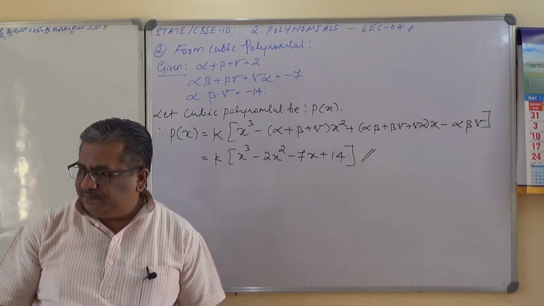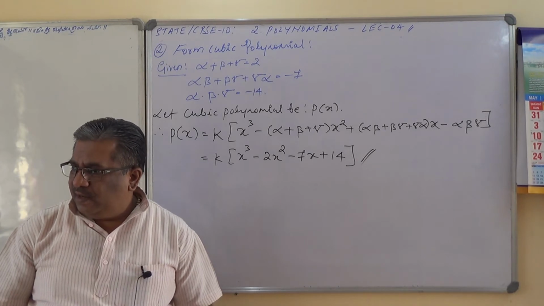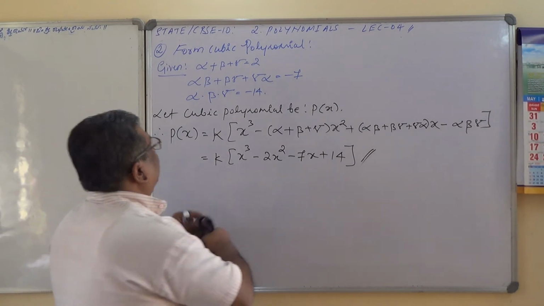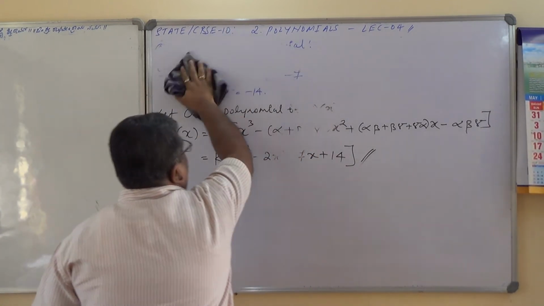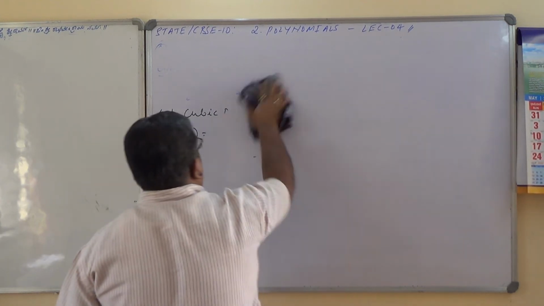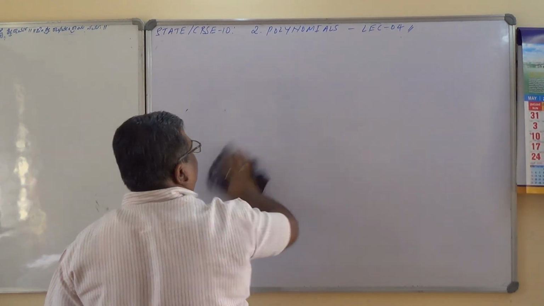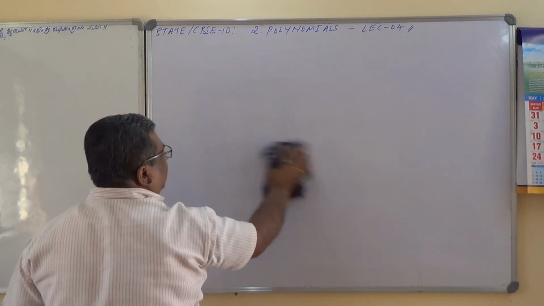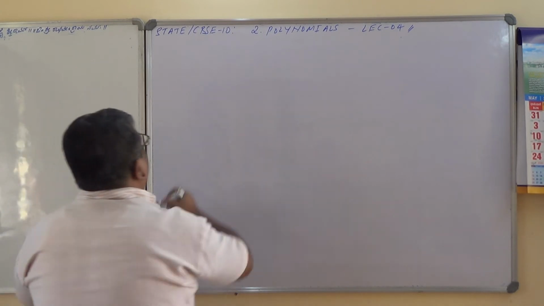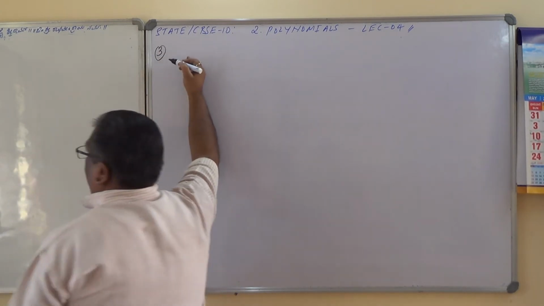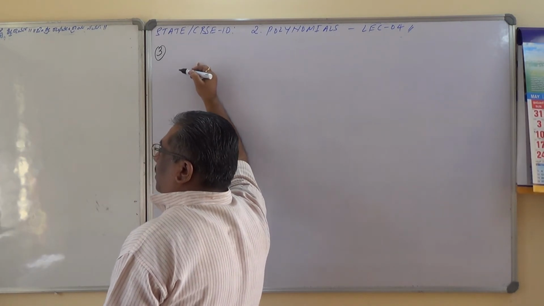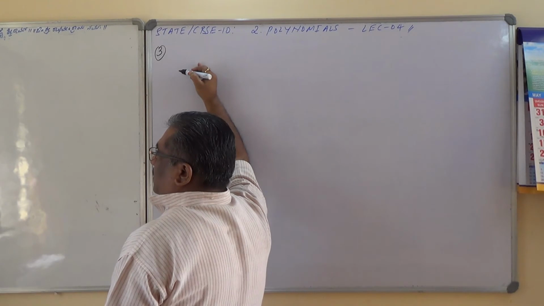Next one is, yeah, very interesting. Third one. If two zeros of the polynomial are root 3 and minus root 3, find its third zero.